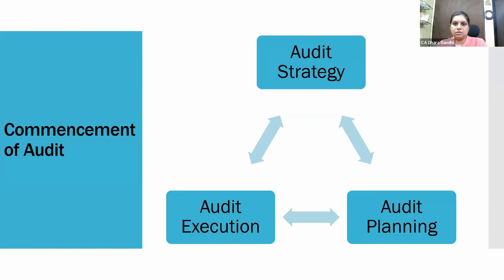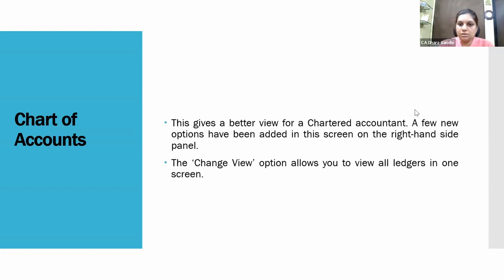So definitely, this feature has not been added in TallyPrime, but this feature has been there since a very long time, since I think Tally ERP 9. So please run through these features of Tally. You'll be able to get good command on this.